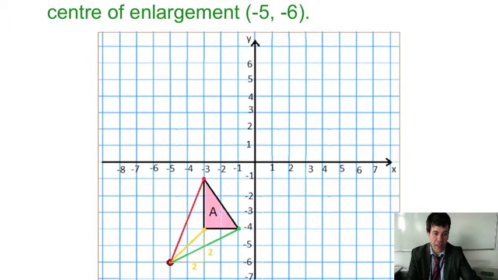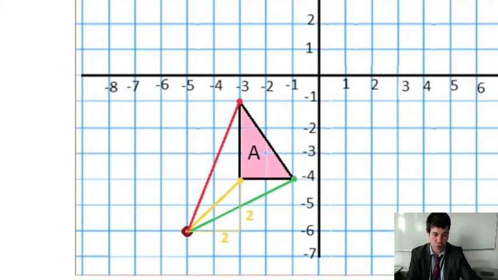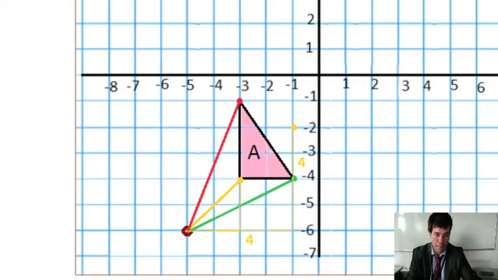If we take the yellow line, i.e. the yellow vertex to the centre of enlargement measurement, you can see that the distance is 2 along and 2 up. Scale factor 2 means that the distance from the centre of enlargement must be 4 along, 4 up. So of the image, we've already formed the first vertex.